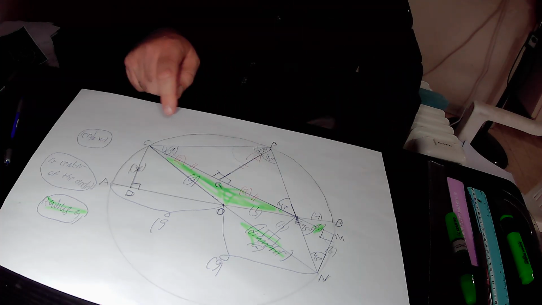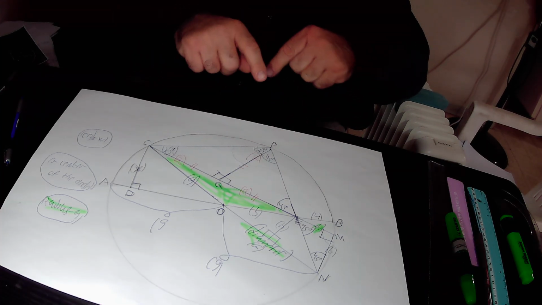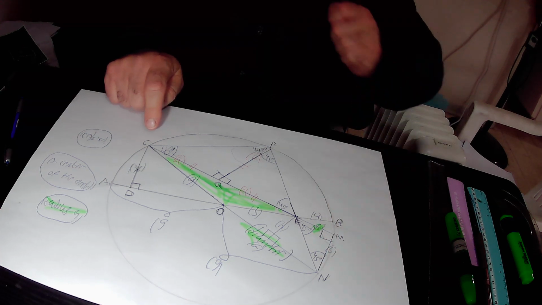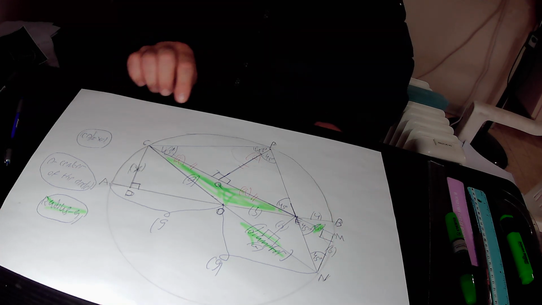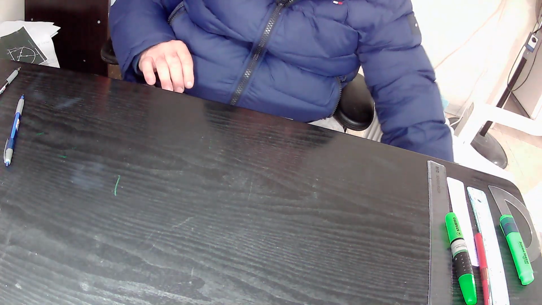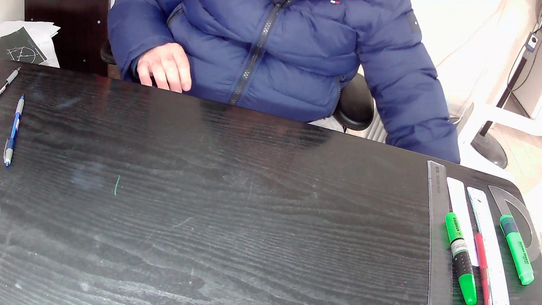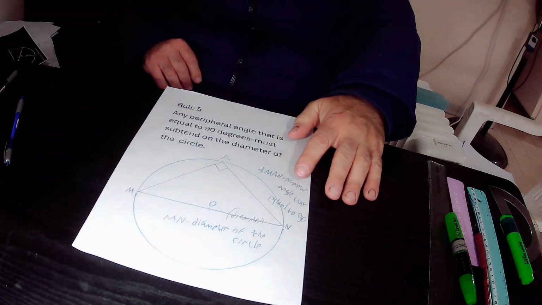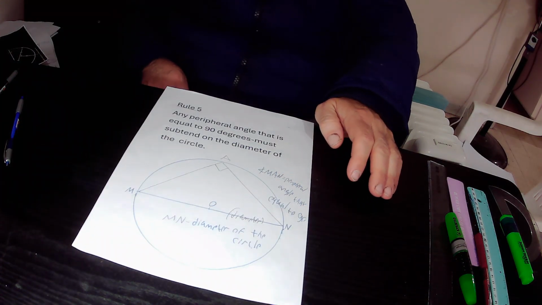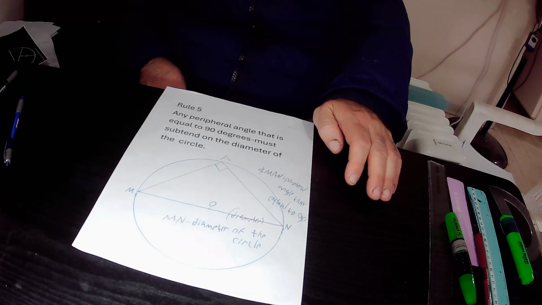So inscribed angle CPN is a right angle, and it subtends chord CN. So here we can implement rule 5 in our drawing. Please click on rule 5. According to rule 5, any inscribed angle equal to 90 degrees must subtend the diameter of the circle.